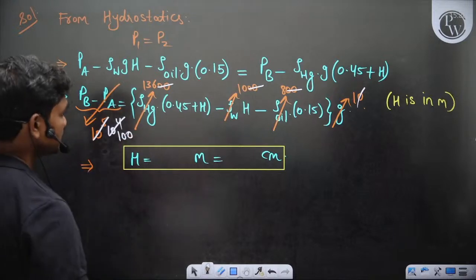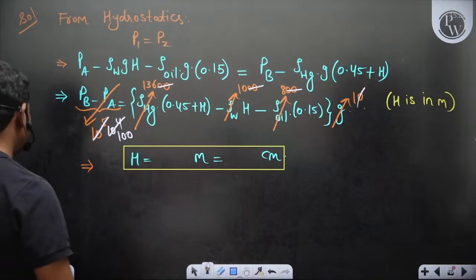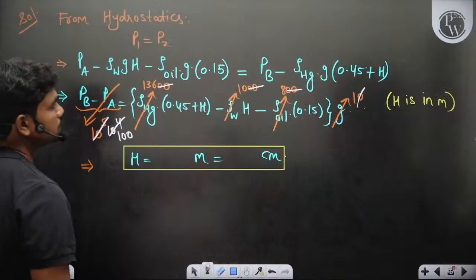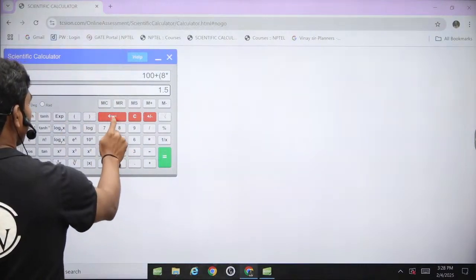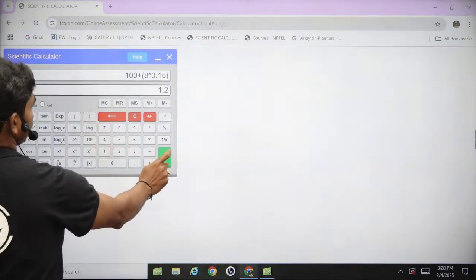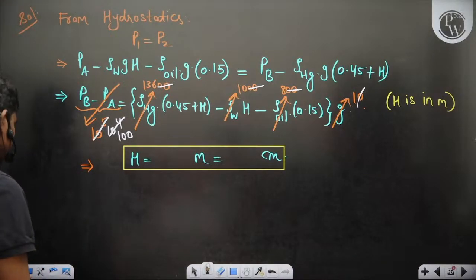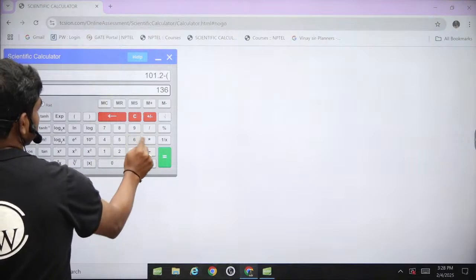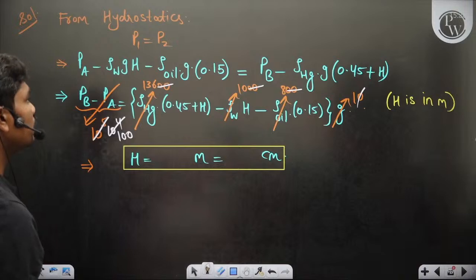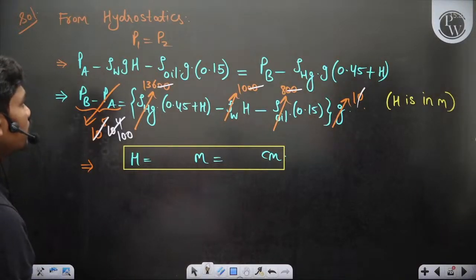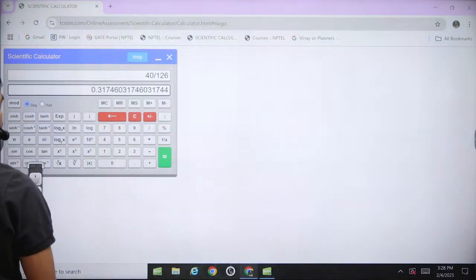So 100 plus 8 into 0.15, which is 1.2, so 101.2 minus 136 into 0.45, which is about 61.2, so 40 is equal to 136 minus 10, 126 H, so divided by 126, H is 0.31746.